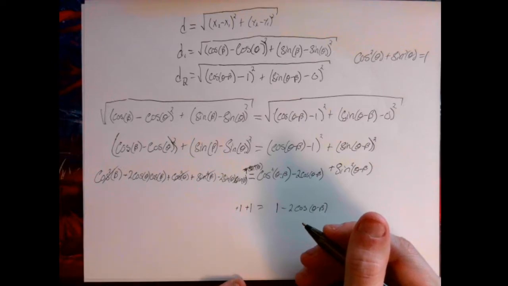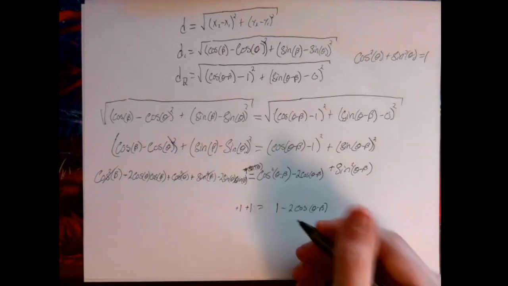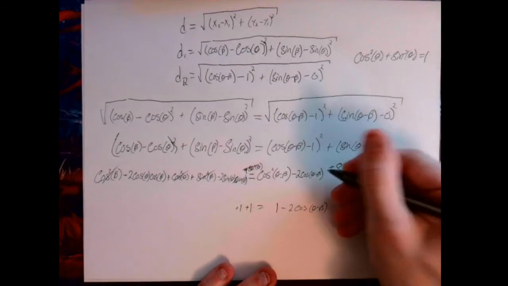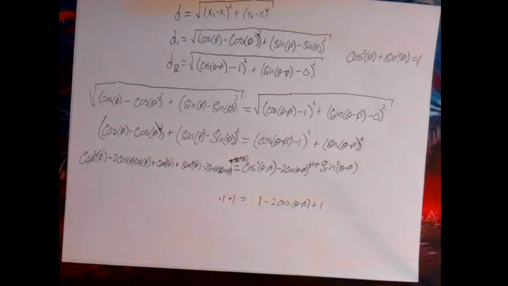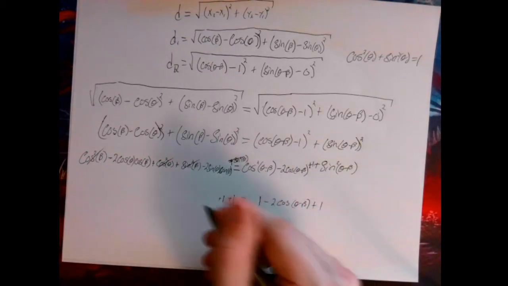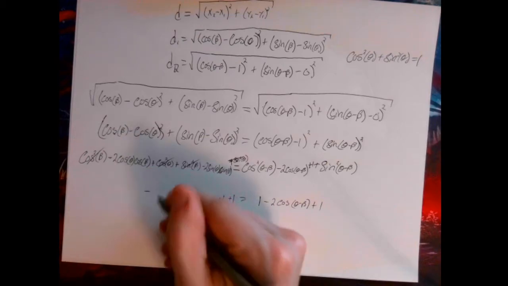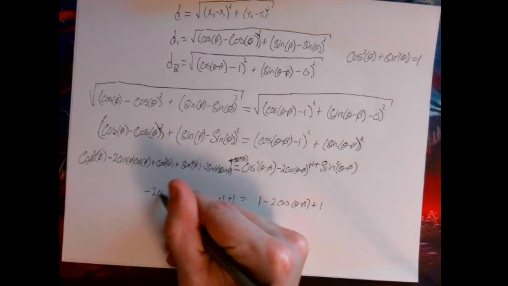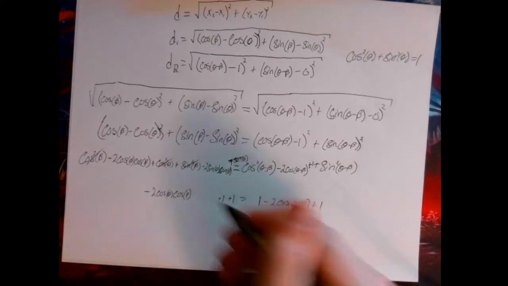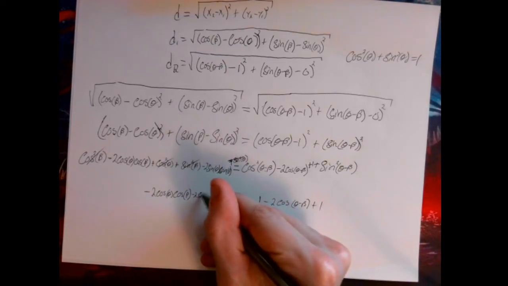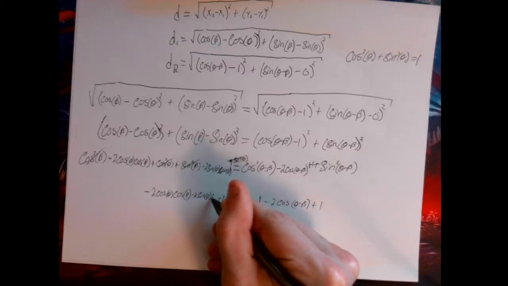we have another 1 here on this side, because 1 times 1 is 1. So plus 1. Alright. So then from there we have negative 2 cosine of theta cosine of beta, then negative 2 sine of theta sine of beta.